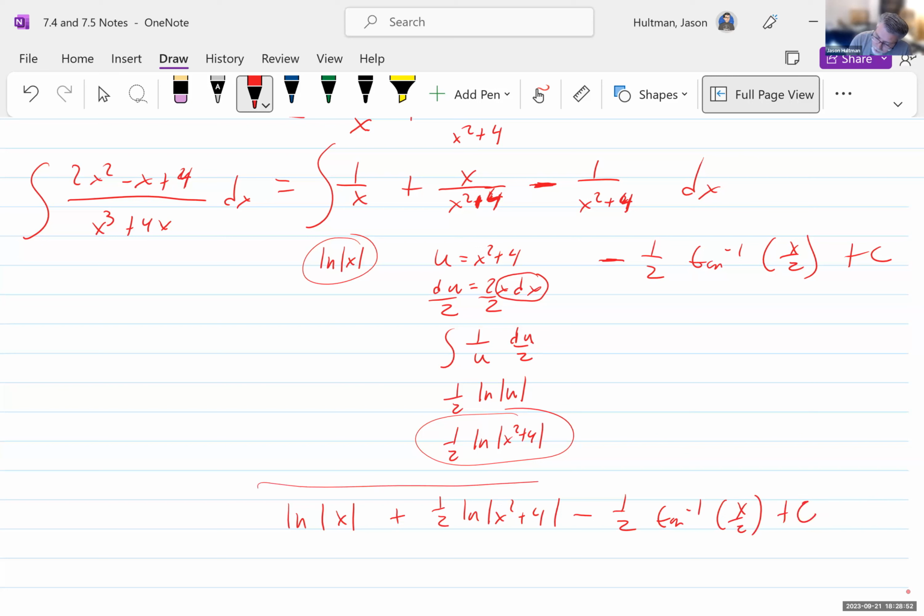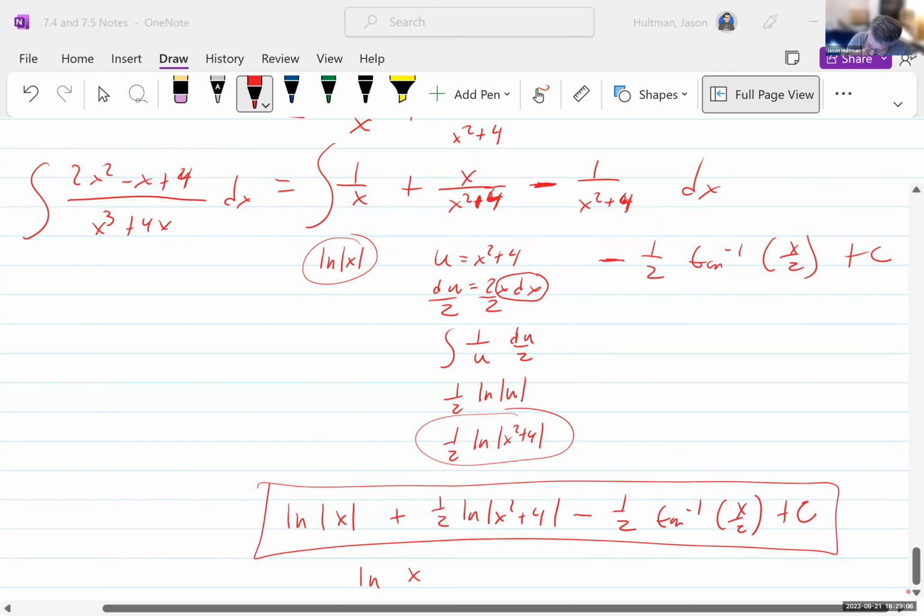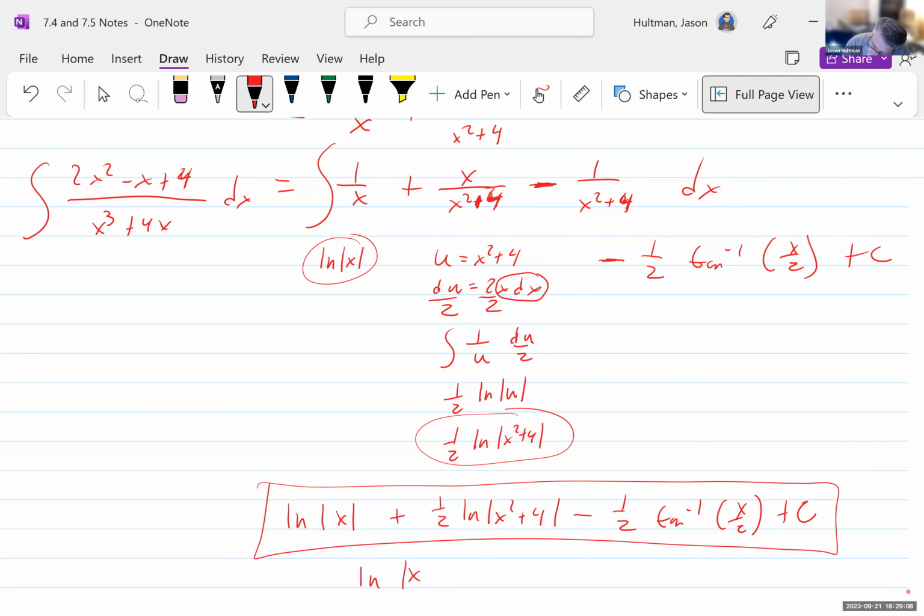Okay, and you could leave that answer like that if you wanted to. I might clean it up a little bit more. Let's see what we can do. This could be natural log of absolute value of x times the square root of x squared plus 4. I wouldn't need the absolute values there.